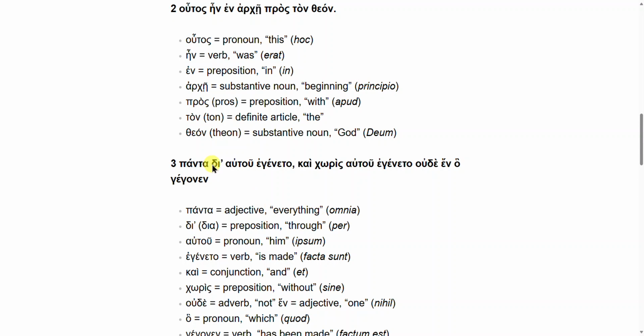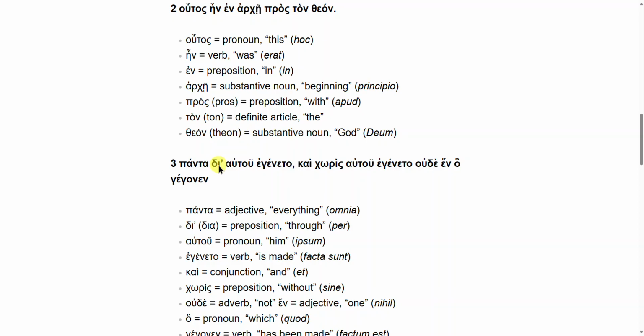We then see delta, and that letter delta may be a little confusing because the way it's written, you might confuse that with a zeta, but that's a delta there. Delta, iota, and then you'll see an apostrophe. This is not a breathing mark. This is an apostrophe. It's marking the omission of the letter alpha at the end of this word.